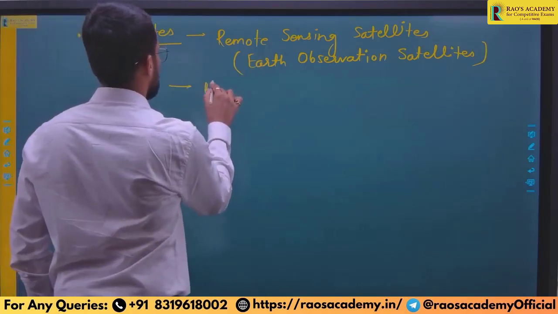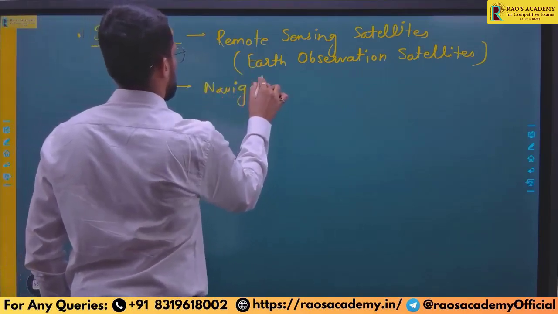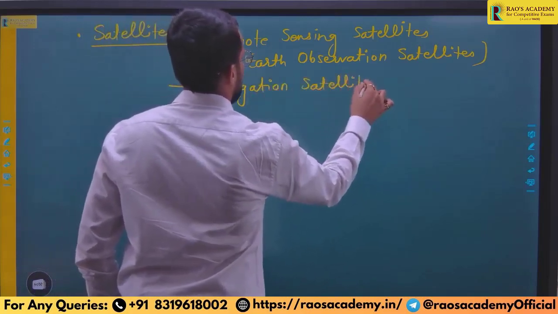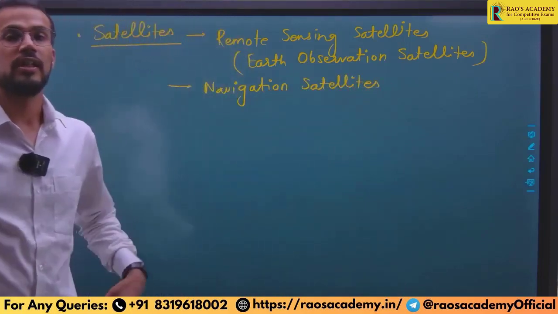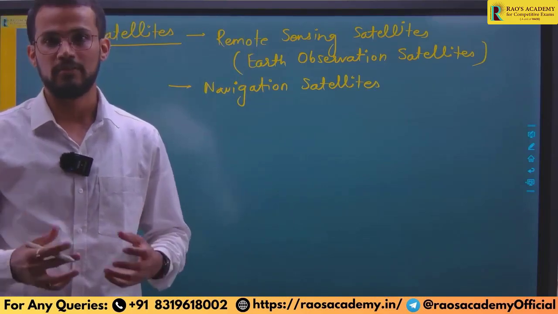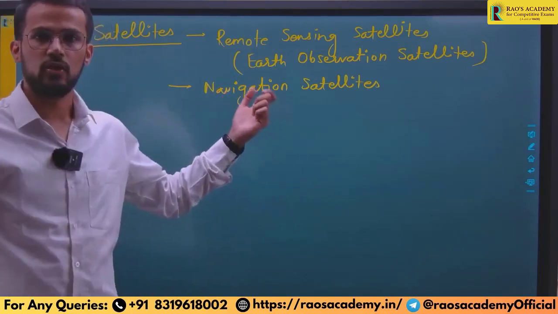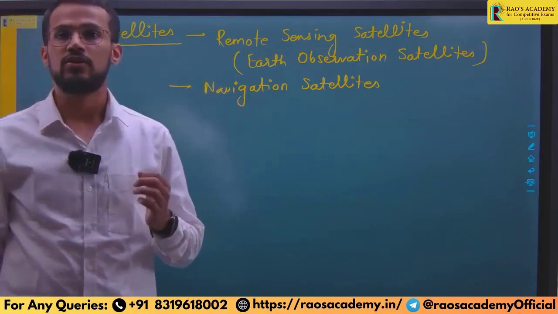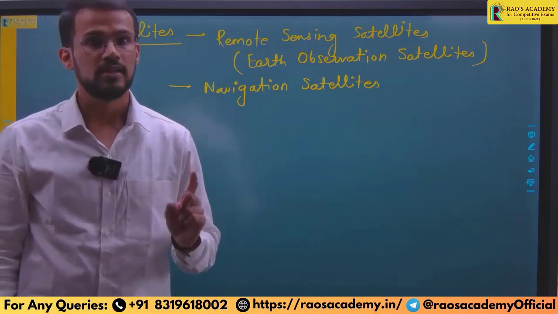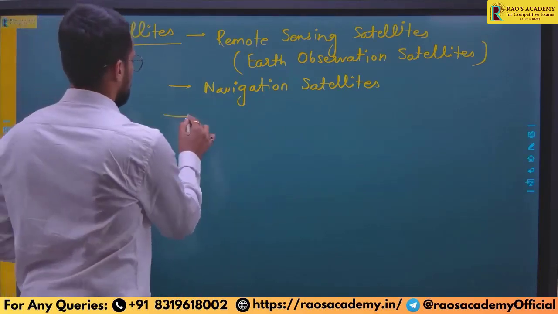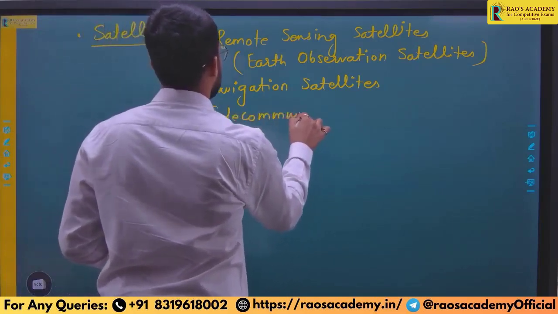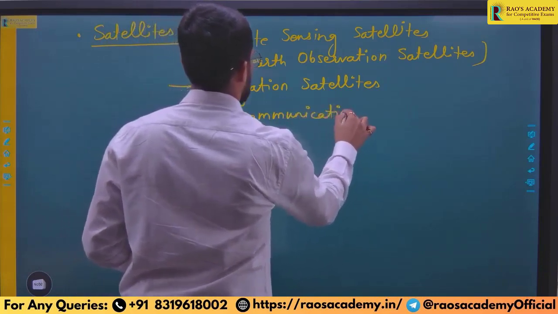Then next is navigation satellites. These navigation satellites are used for getting positioning and timing data. For example, the Google Maps that we use is based on navigation satellites. And India has its own regional navigation system called IRNSS, also called NAVIC. Then next important type of satellites is telecommunication satellites.